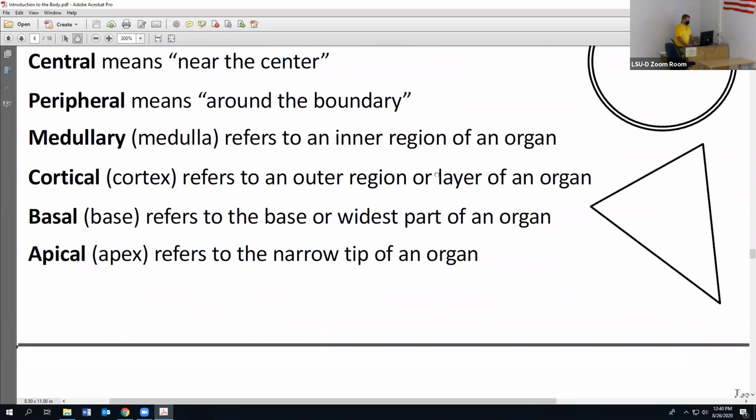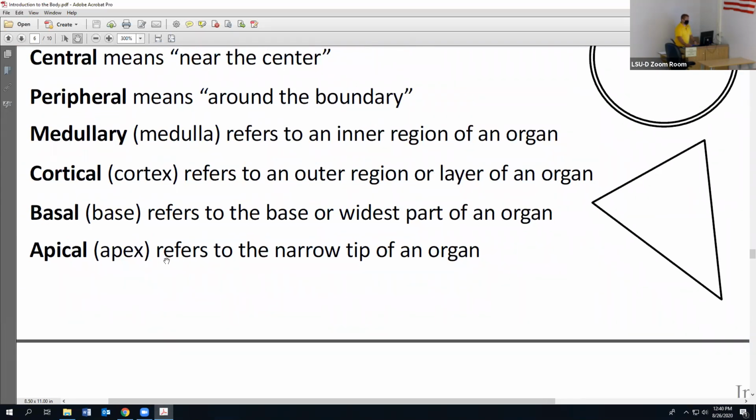Okay. The last two, basal and apical, base and apex, refer to this triangle that I put over here. Notice it's put not like a normal triangle. Typically, when you draw a triangle, you put the fat part on the bottom and the point at the top, right? The reason I did it that way is because that's actually what your heart looks like inside your body.